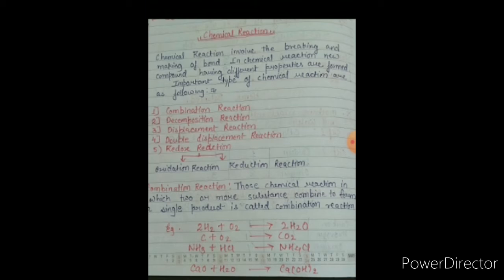So friends, what you see in these reactions here is two reactant molecules are reacting together to give a single product. Any such type of reaction where two reacting molecules or more than two reacting molecules react together and give a single product is called a combination reaction.